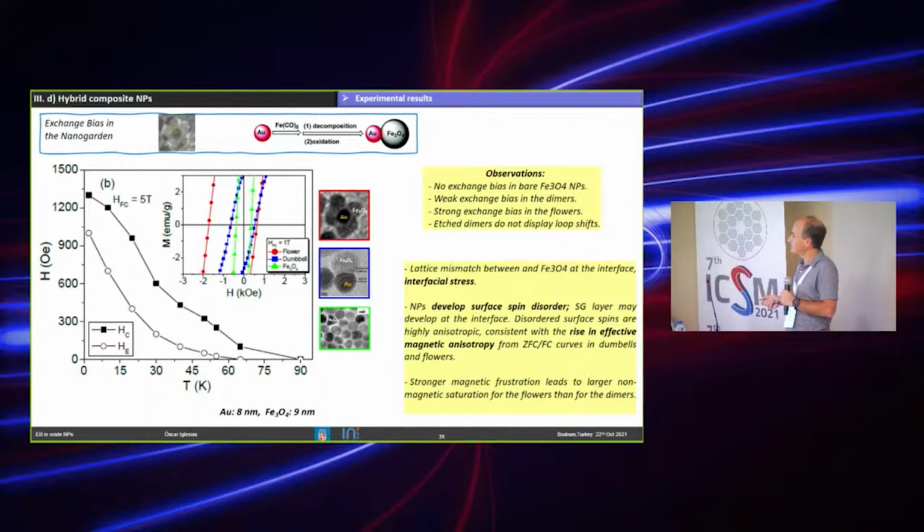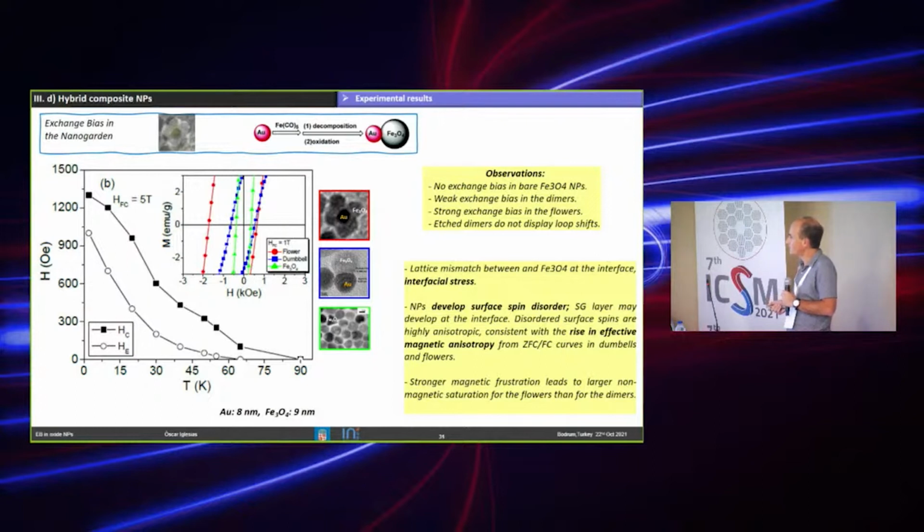And by synthesis methods, you are able to generate a flower, first attaching one nanoparticle and then several petals of nanoparticles, and then compare the hysteresis loop.